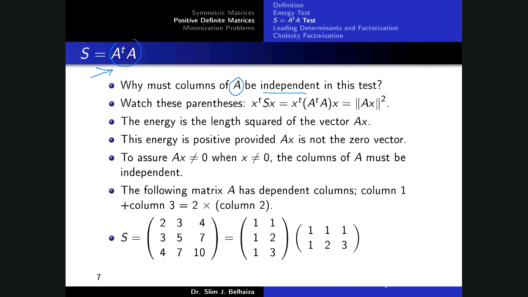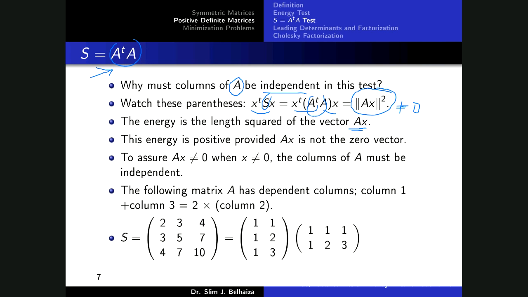Well, think about it: if you're using the energy test, and instead of S you plug in A^T A, you're in fact doing x^T A^T A x, but this happens to be just the norm of a vector, and the norm of any vector is positive. So if it's not equal to 0, this happens when the null space is not the 0 vector.